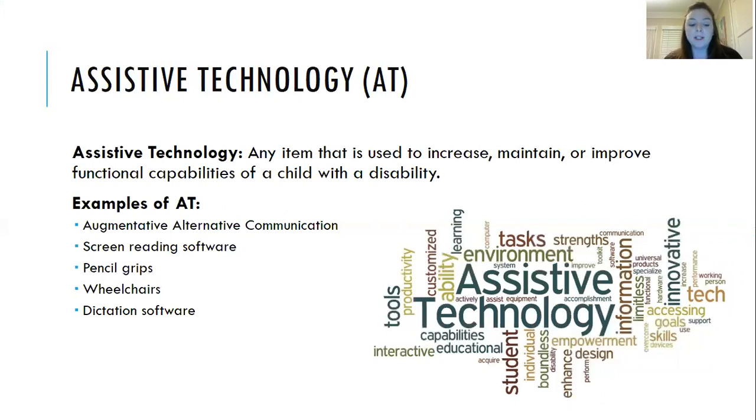And I have this really cool graphic on the right here with some buzzwords about assistive technology, such as tools, customized, innovative, working, and empowerment, which is one of my favorites because I think it really drives home the idea that the goal of assistive technology is to empower an individual by providing them the opportunity to be independent, to access all of their environments.